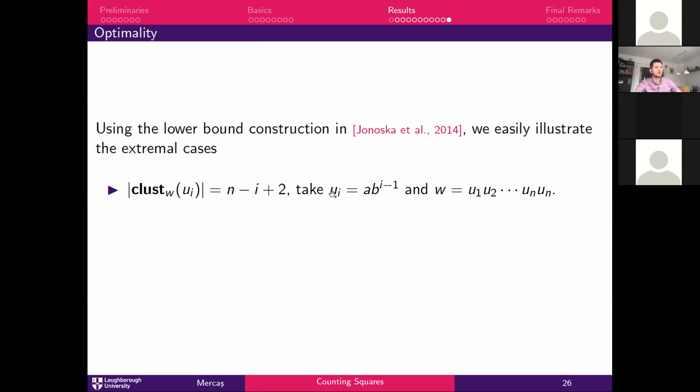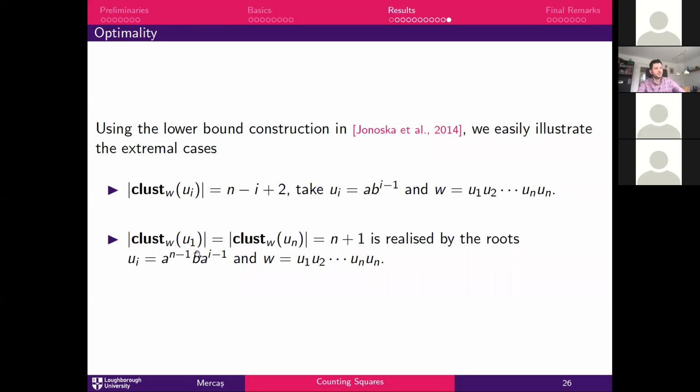So you just take all of the u_i's to be (ab)^(i-1). And you're looking at this, and what you will get is a word that has exactly as many squares at the base as the total number of squares. And at the same time, you can get that all of the clusters are equal by taking words of this second form. And actually, this we will also use later on when proving a different result.